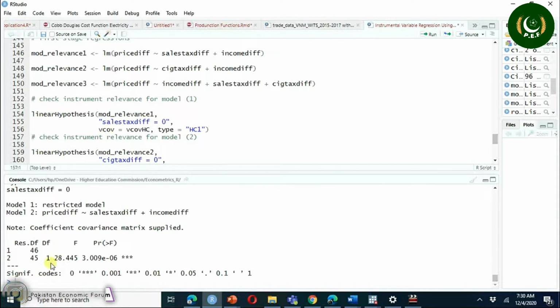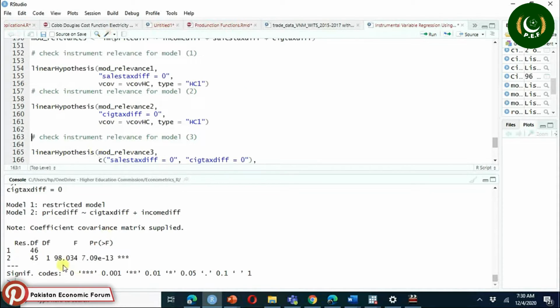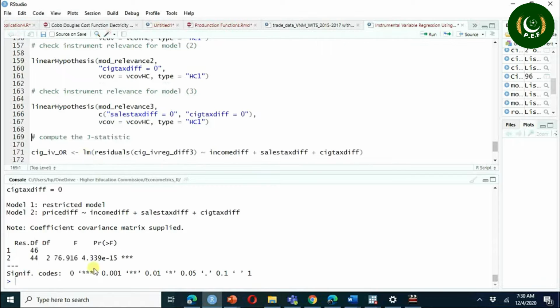You see F value is 28.44. Maybe it was slightly different in slides, but it is still very high. Okay, this is relevance for model 2, 98. Second, cigarette specific tax is also a very strong instrument. Third one is when both were used, again these two are strong instruments.